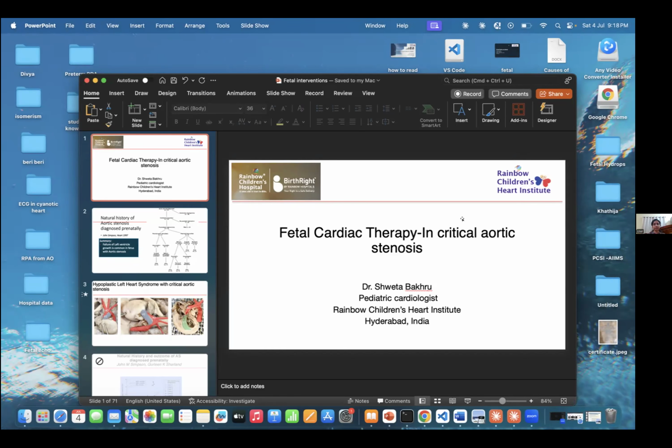And your posterior malalignment VSD, you have shown that very nicely. The posterior malalignment VSD makes the first hemodynamic theory, where the LVOT will come down, and the amount of blood going through the ascending aorta and transverse arch will be significantly reduced.